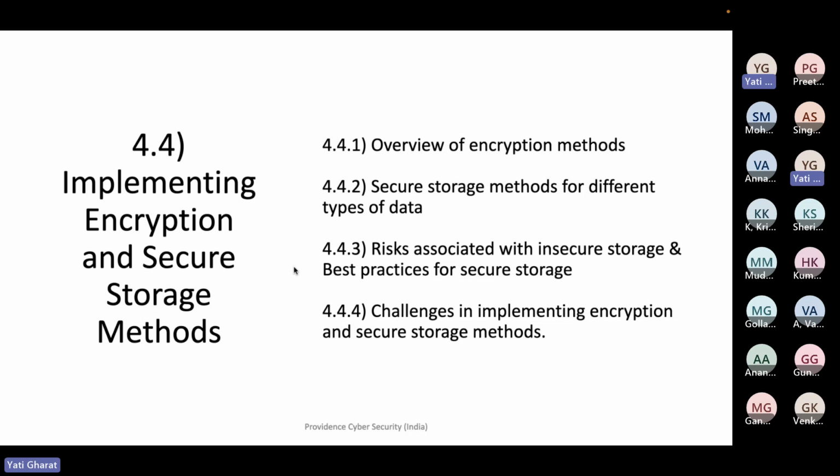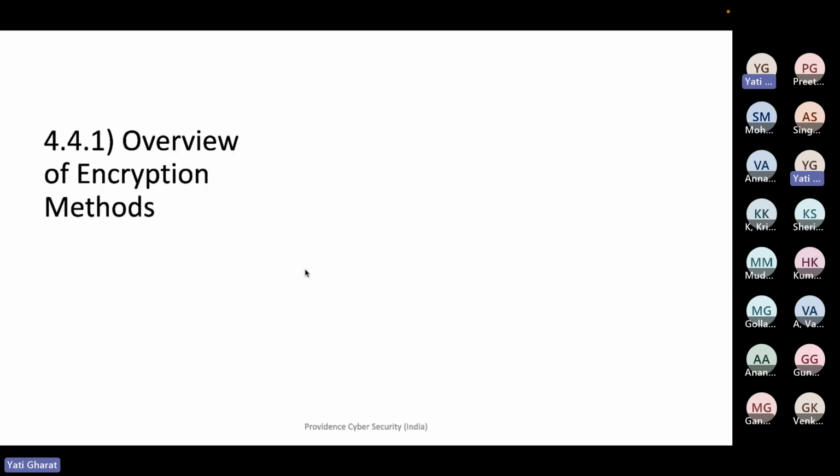Secure storage methods for different types of data, risks associated with insecure storage, best practices for secure storage, and challenges in implementing encryption and secure storage methods. We had some discussion on this: data in motion, data at rest, private key, public key, symmetric, asymmetric encryption. Let's see what the different methods are.